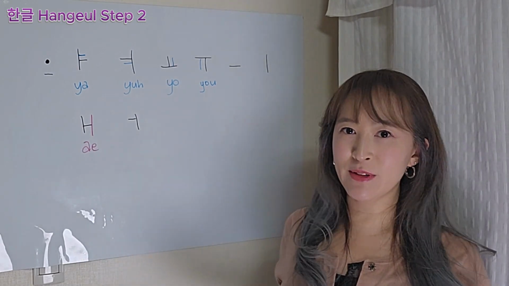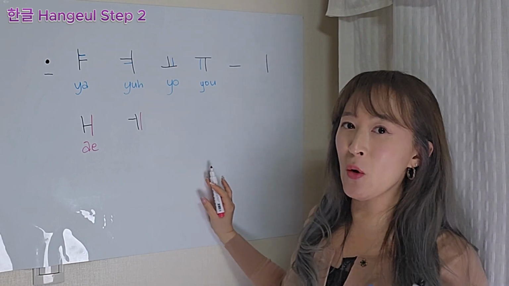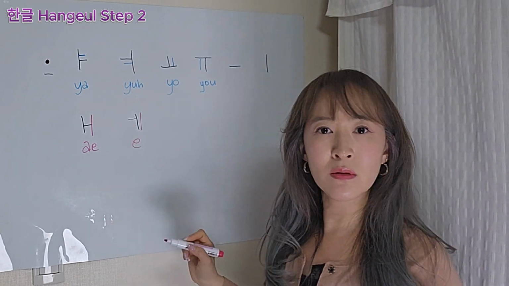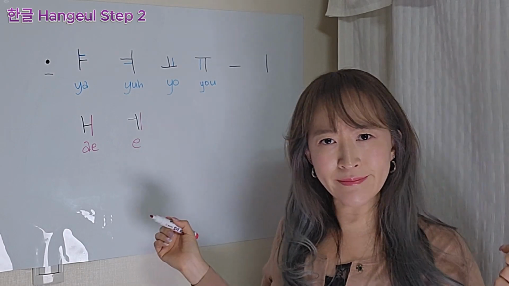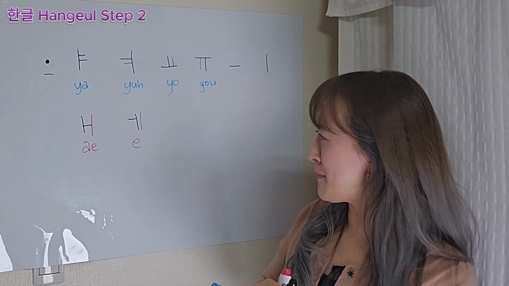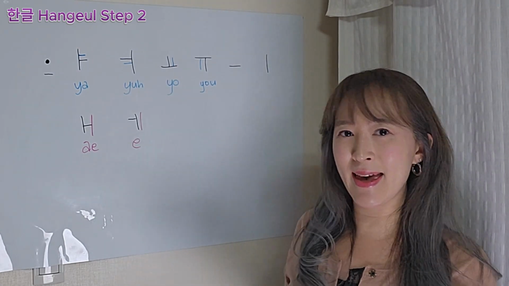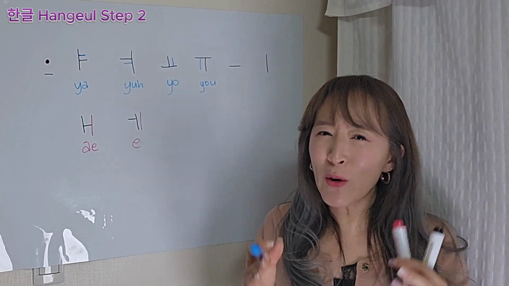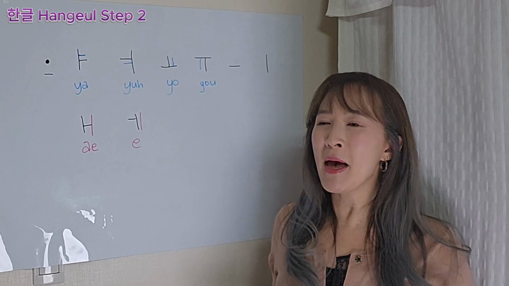And we can put it also here and also make a sound. So it may be confusing, right? Because this and this does not sound very different. So not only you, but to Korean ears too, they're not very different.